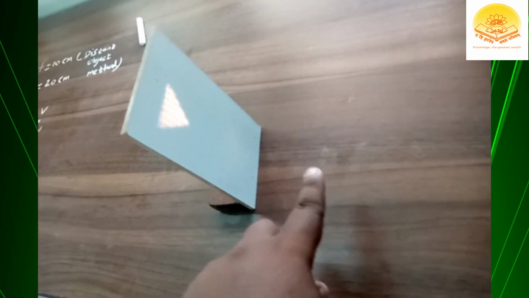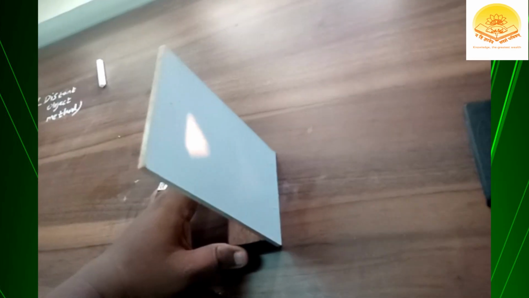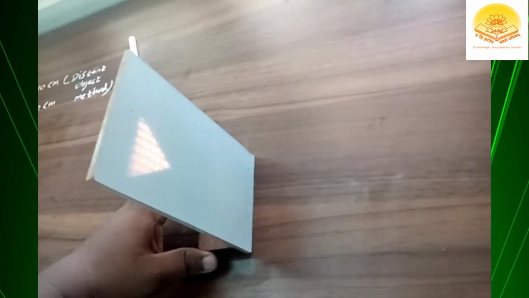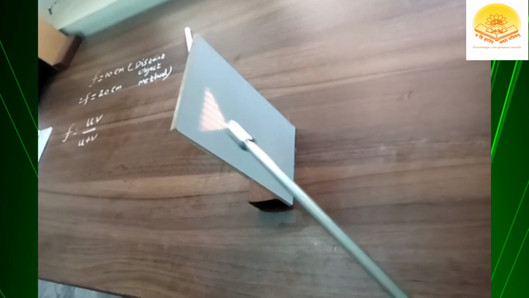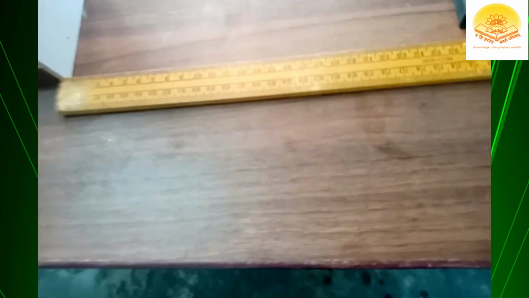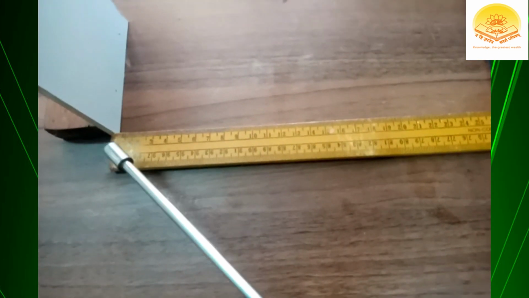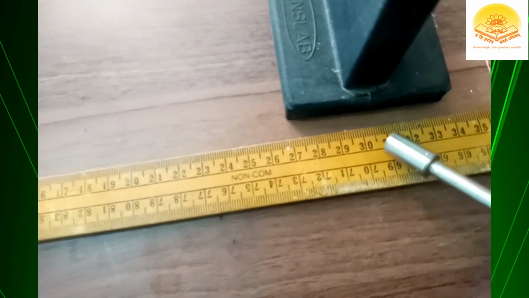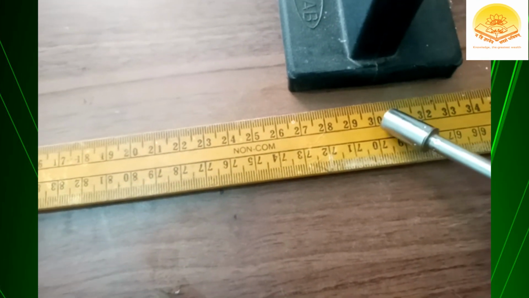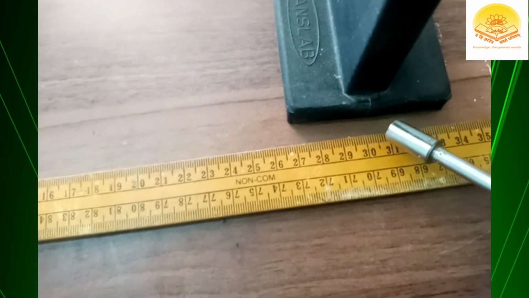Now we measure the distance v. Once you get the clear image on the screen, measure the v value, the distance between the screen and the lens stand. Now what is the value of v? It is 30.5.